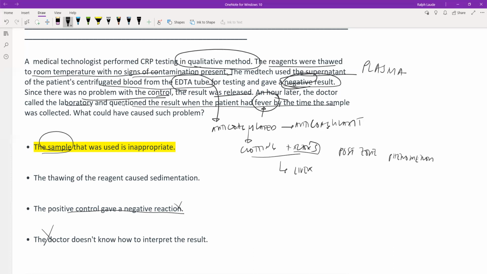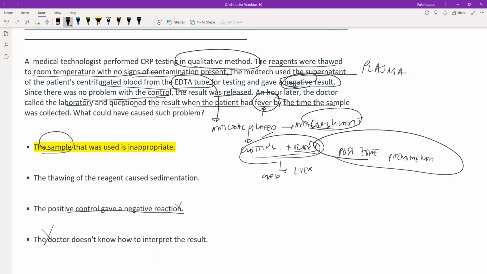So if there is too much antigen, we are going to miss the formation of the lattice, which is actually the one that causes visible agglutination. Since the sample was anticoagulated, it is not serum yet, it is still plasma, and it did not clot. So you have a lot of clotting factors, and it is possible that the CRP is still very high. That's why the postzone phenomenon happened, and it is possible that the result was negative.